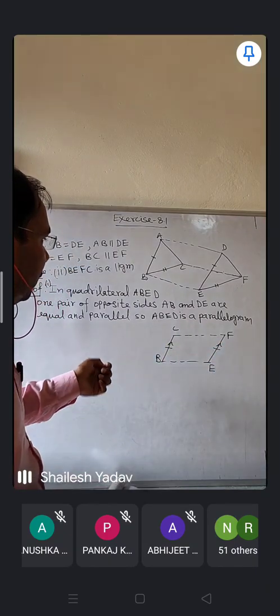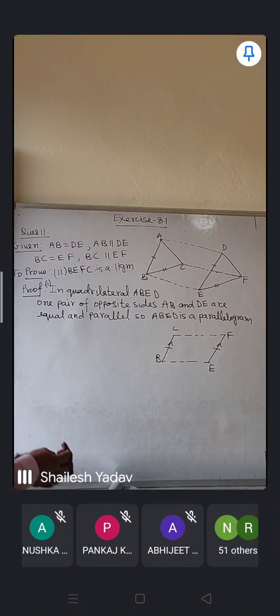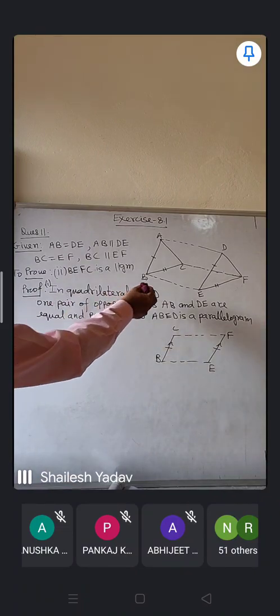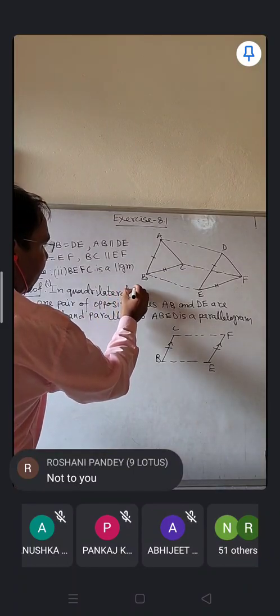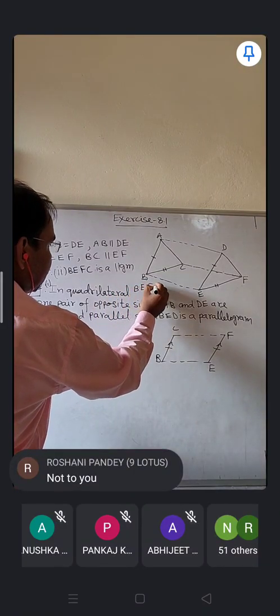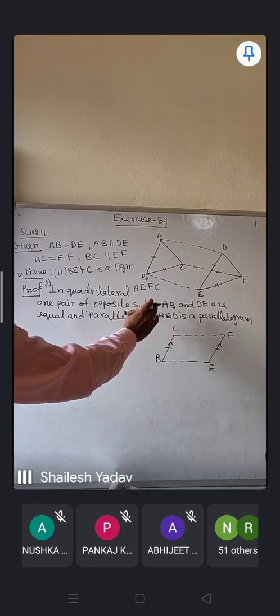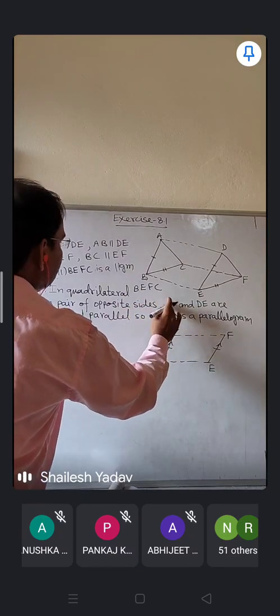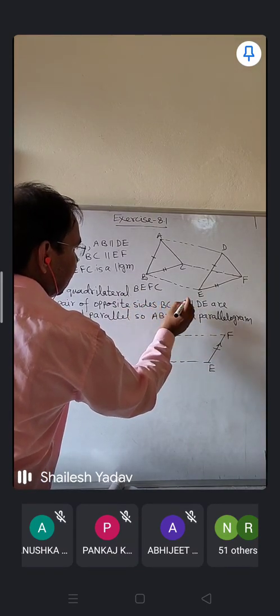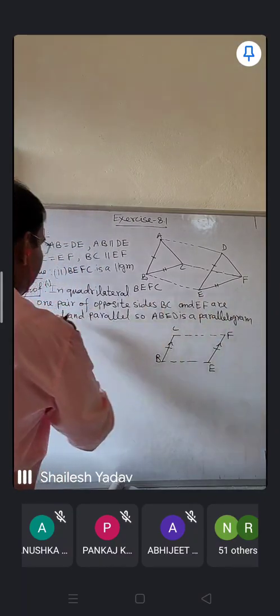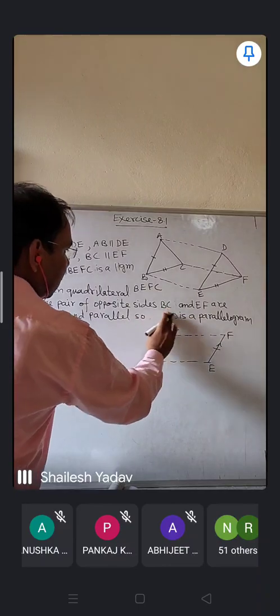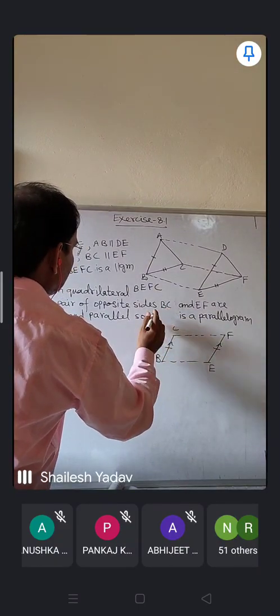Only here I make the change in the quadrilateral, and you will write BEFC. One pair of opposite sides, BC and EF, are equal and parallel, so BEFC is a parallelogram.